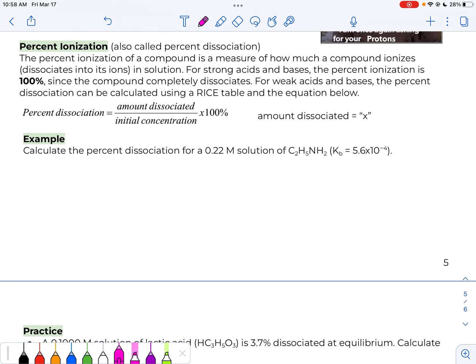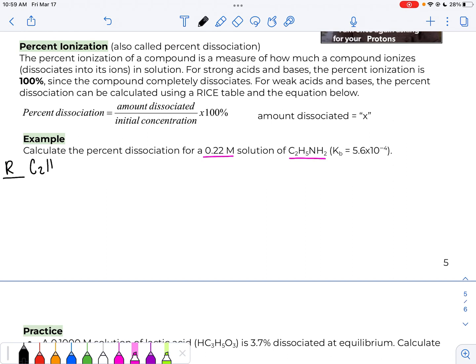Calculate the percent dissociation for a 0.22 molar solution of this base right here. Kb is equal to 5.6 times 10 to the negative fourth. How much is dissociated? We have to solve for our X value first. So let's start out by writing an ICE table.